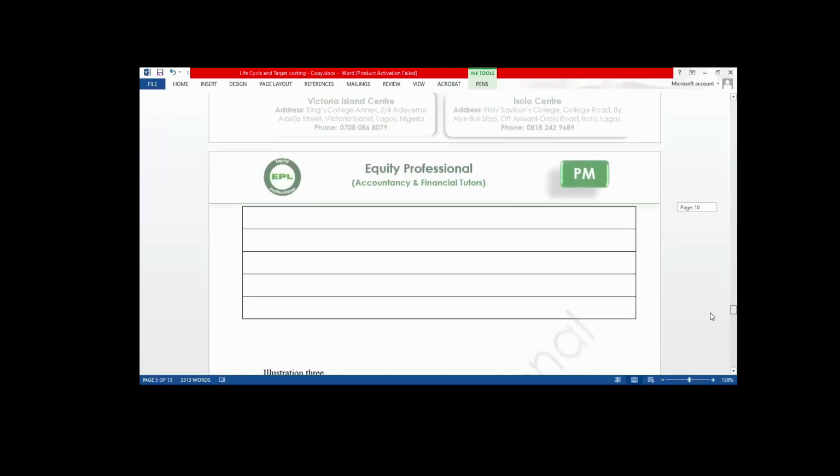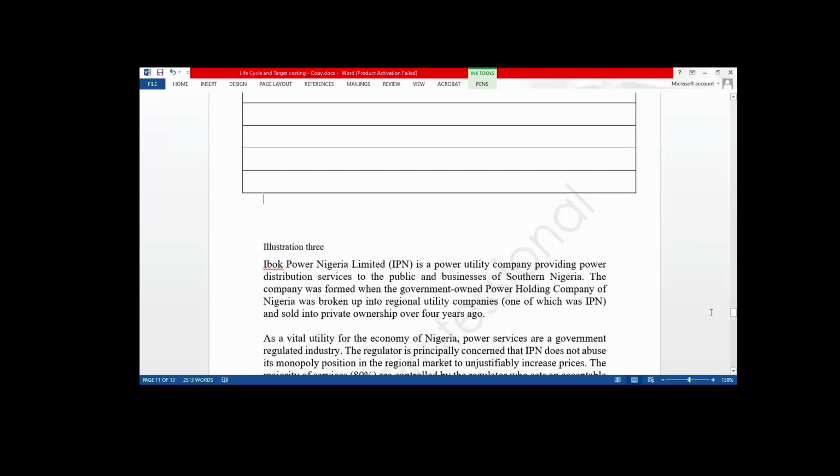Let us look at the question on IBOC Power Nigerian Limited, IPN. I think question 8. Yes. Okay, page 117, question 8.